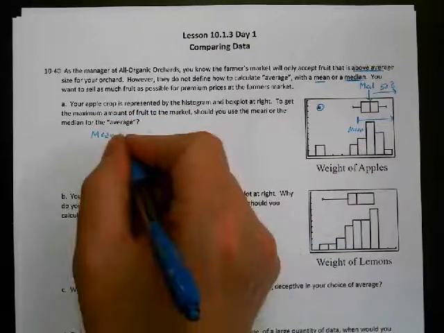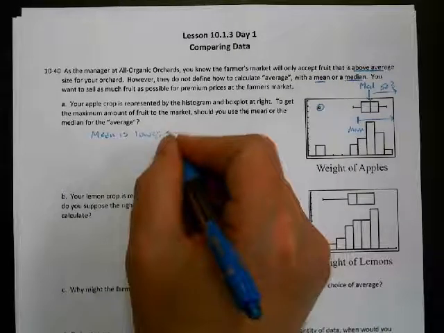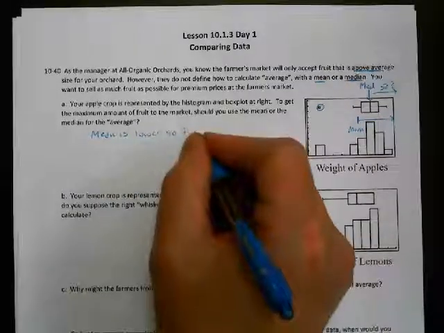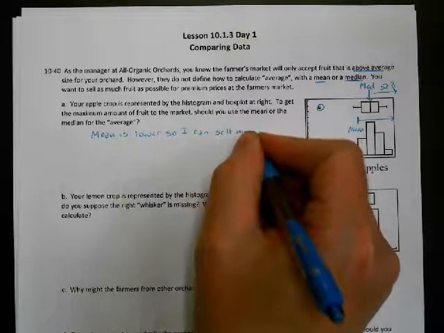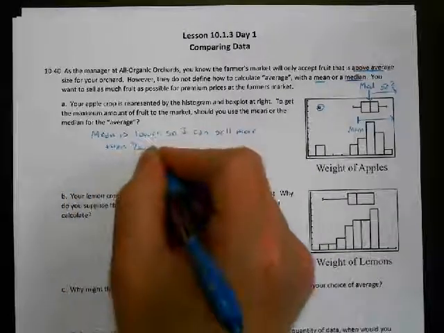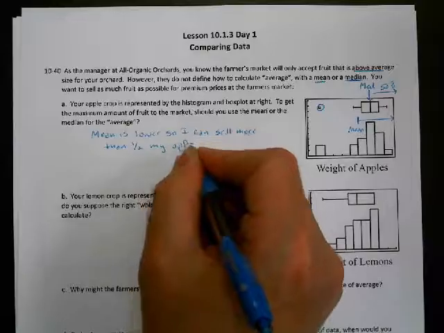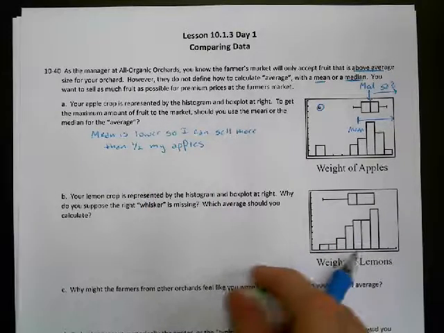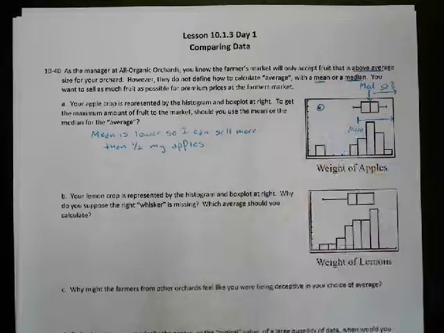The mean is lower, so I can sell more than half my apples. So I'm going to use the mean. So outliers pull the mean that direction.